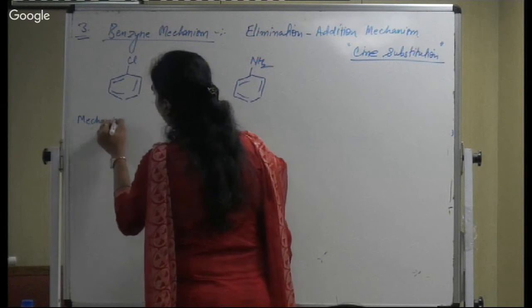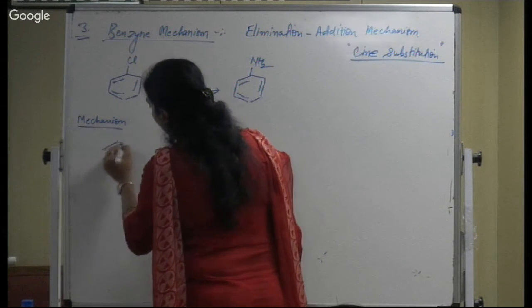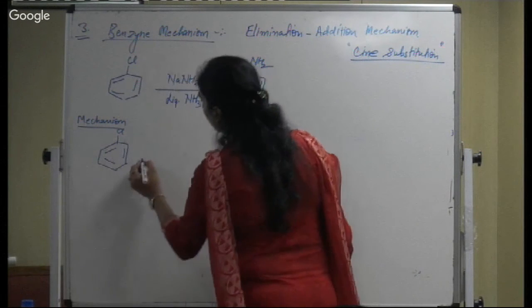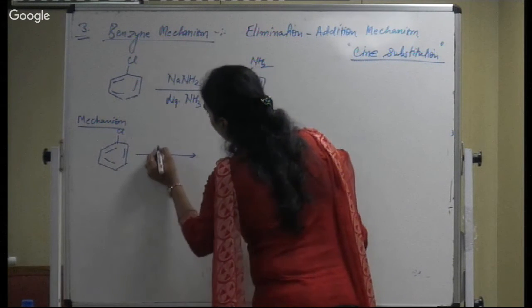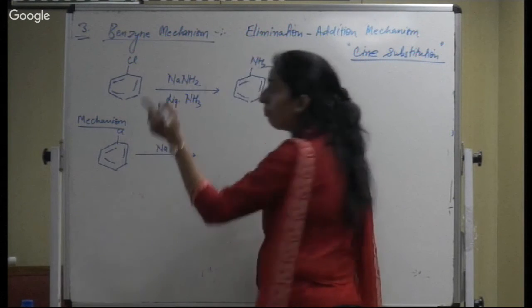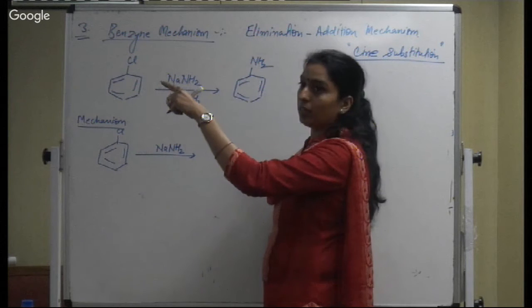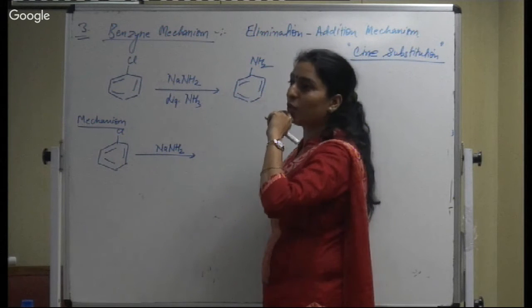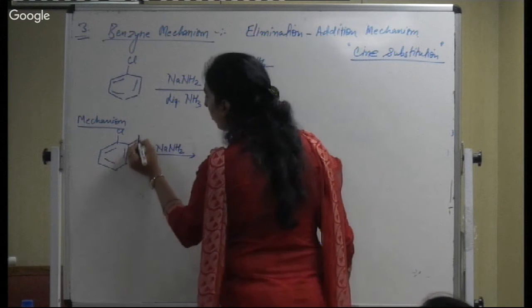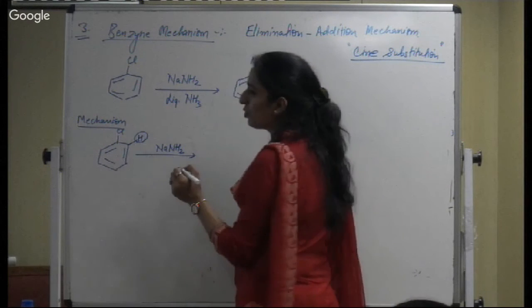Now let's see the mechanism. Here, initially, in the presence of such a strong base, somebody asked this question about the acidity of chlorobenzene. Here I'm going to answer. Otherwise, chlorobenzene is not acidic.